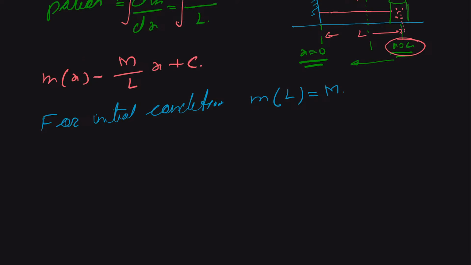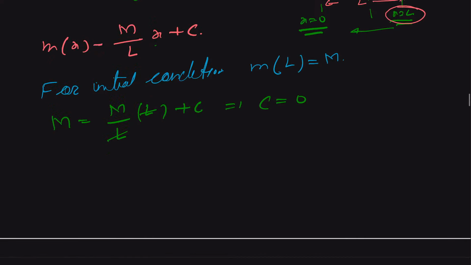We get m is equal to m upon L, and the value of x is also L, plus c. So L cancels out, and this gives us that the integration constant is equal to 0.